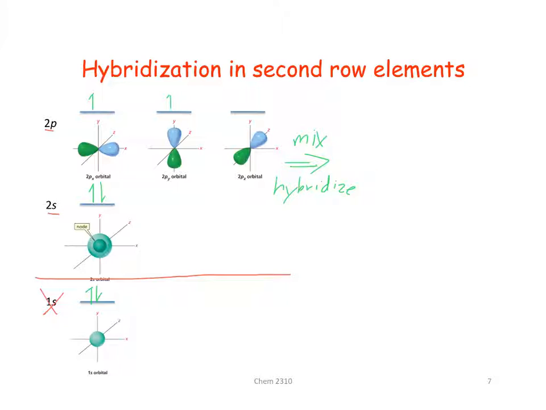And we're going to end up with 4 new orbitals that are all going to be the same energy. These are all formed by an s and 3 p. We have 1 part s, and we have 3 parts p. So these are all called sp3 orbitals.